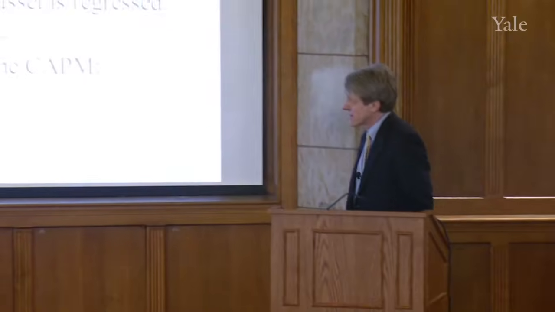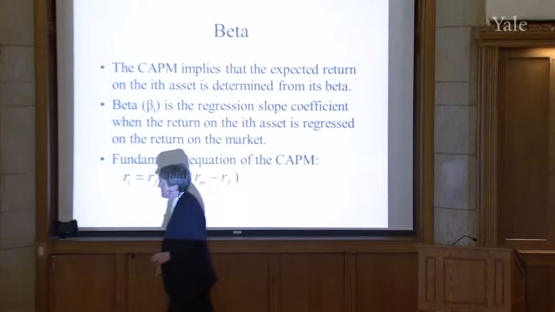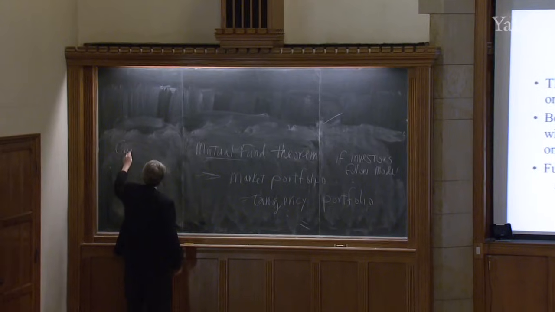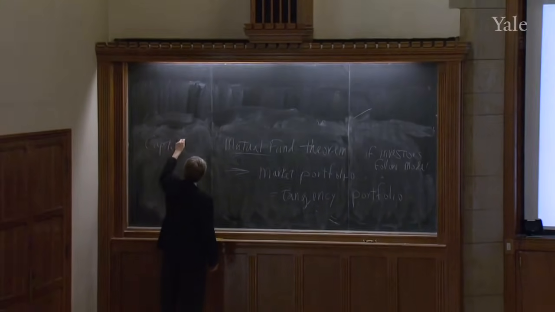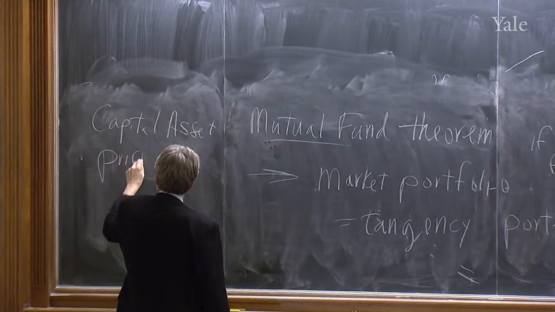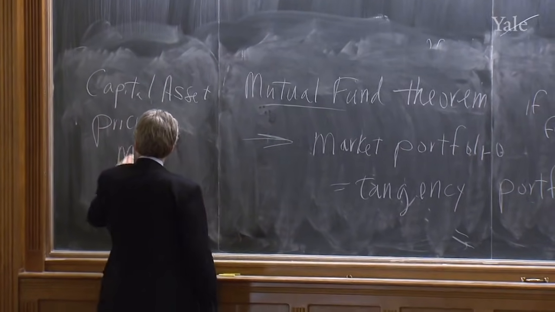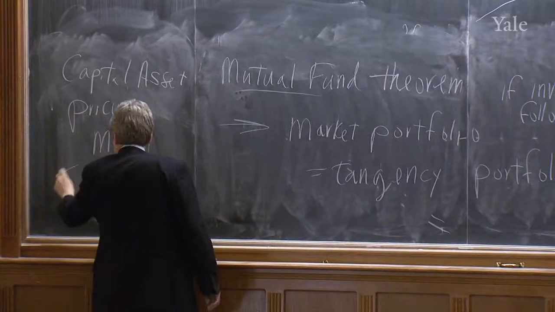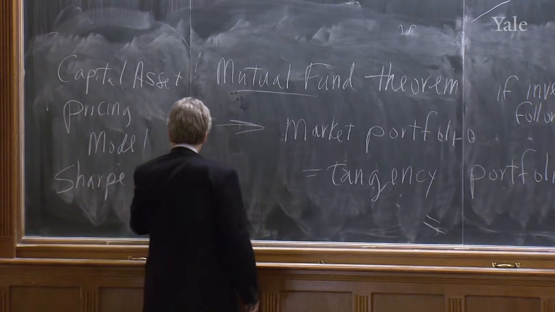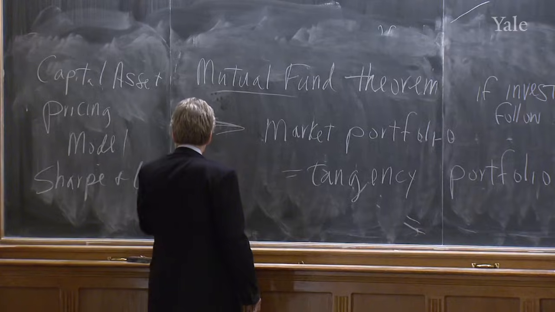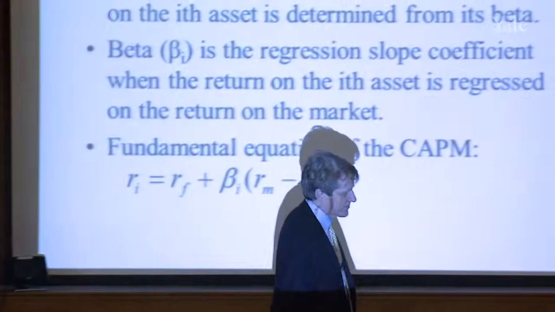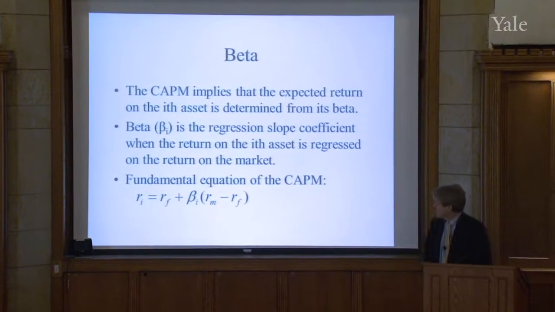The capital asset, now it's called the capital asset pricing model in finance, which was not invented by Markowitz, but was invented by Sharpe and Lintner somewhat shortly after Markowitz.